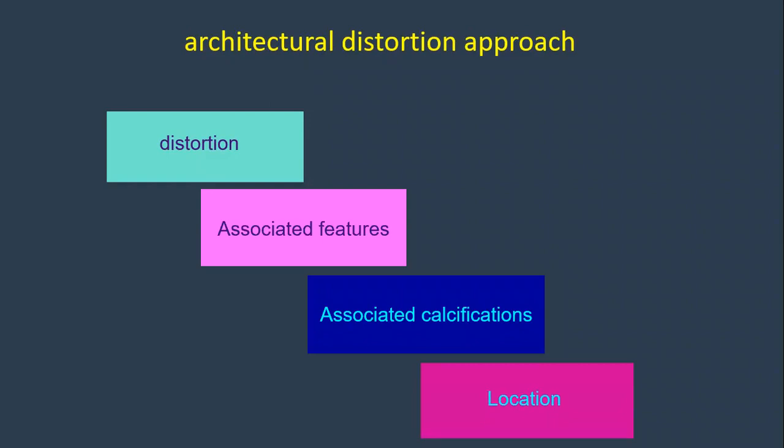Same approach. First of all, we have to make sure that this is an abnormality. Call it architectural distortion, and confirm it is an architectural distortion. Is there any associated feature, mass, asymmetry, calcifications, skin changes, whatever? Then localize the lesion: where exactly within the breast.